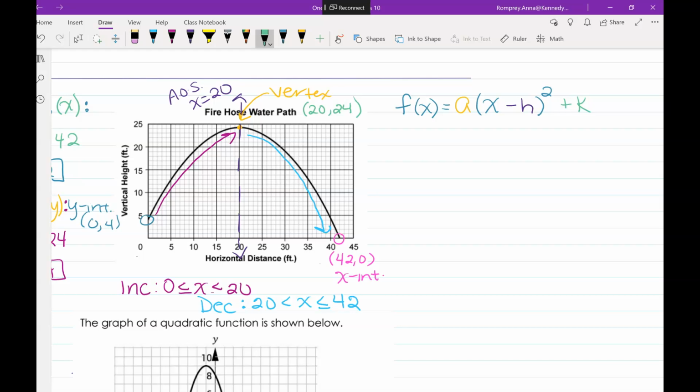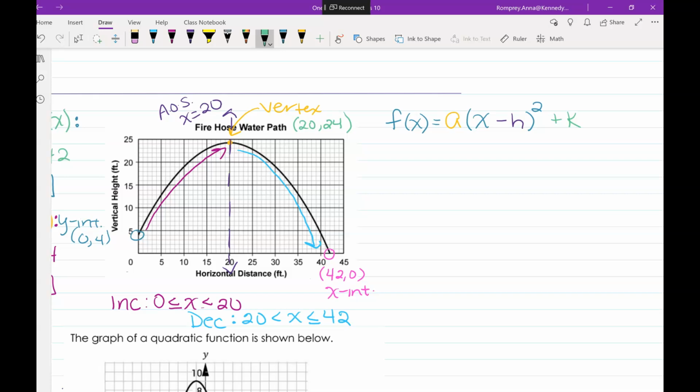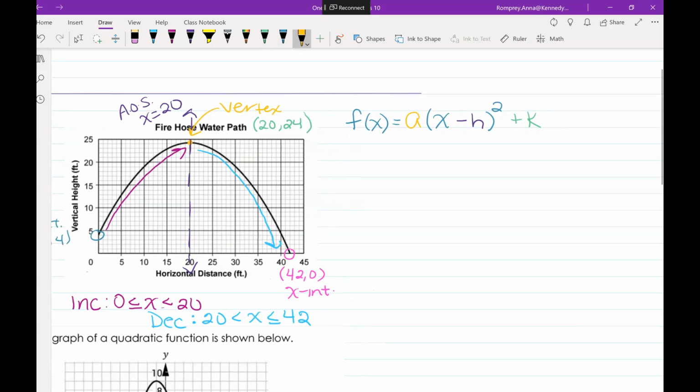Remember, we did this when we did transformations, when we had a graph and we shifted it left, right, up, down. This helped us do that. So if we're going to write a function rule, we're going to use vertex form. Now, why did I choose to use vertex form? Well, I'm so glad you asked, because I know what my vertex is. My vertex is 20, 24, and our vertex is our h, k.